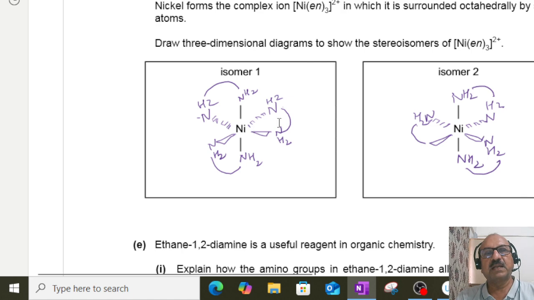So here optical isomerism is possible because they are bidentate ligands, and you can draw the octahedral complex such that the nitrogens occupy all the 6 positions, and then you can draw its mirror image, and that will be the correct answer. These wavy lines represent the bonds going backwards, these thick wedges represent the bonds coming forward, and these two vertical lines are above and below the plane.